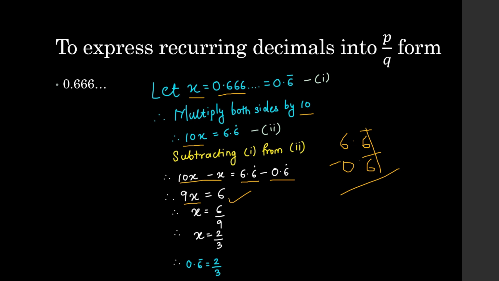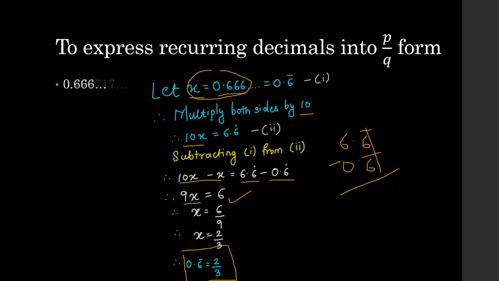Now x is equal to 6 upon 9. Simplifying, x will be equal to 2 by 3, since 3 twos are 6, 3 threes are 9. So x is equal to 2 by 3. And what was my x? My x was 0.666. That means 0.666 recurring is nothing but 2 by 3 in fraction form. So this is how you convert decimal into fraction.